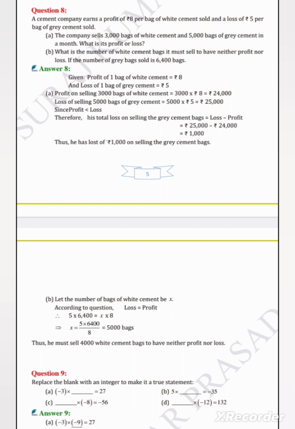Since profit is less than loss here, his total loss is loss minus profit: 25,000 minus 24,000 is equal to 1,000. So he has a loss of 1,000 on selling the cement bags.